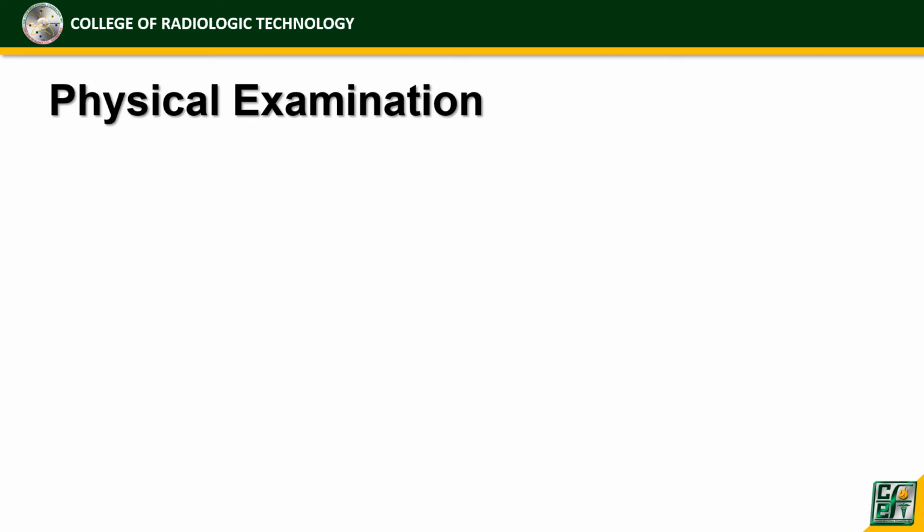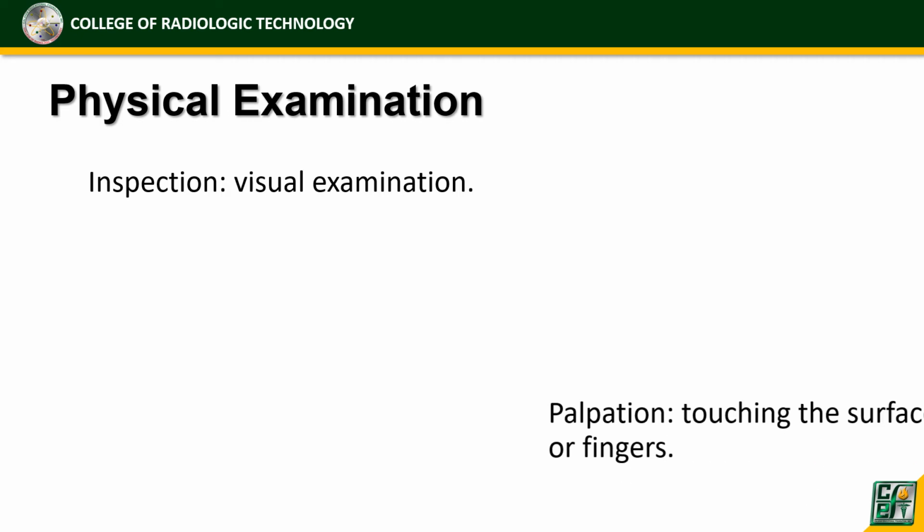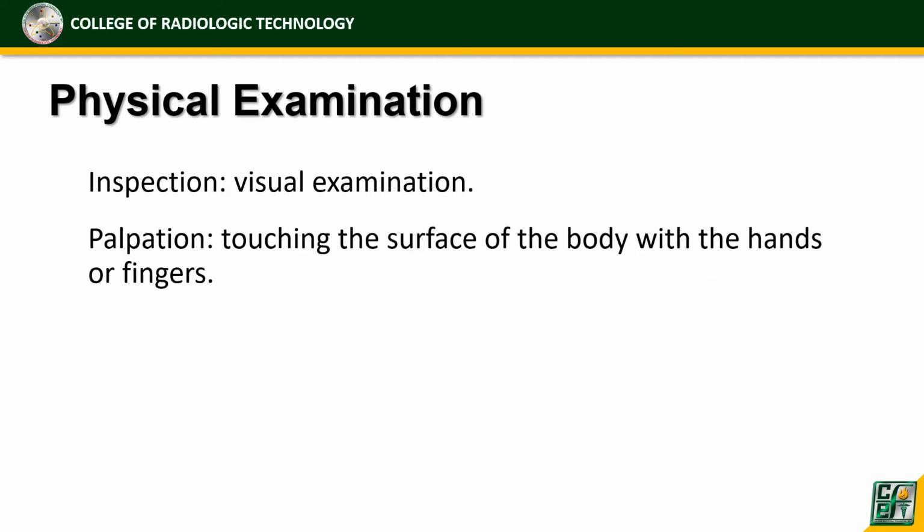So these techniques are inspection, which is just visual examination. Then palpation, touching the surface of the body with the hands or fingers, such as the palpation of the radial pulse.